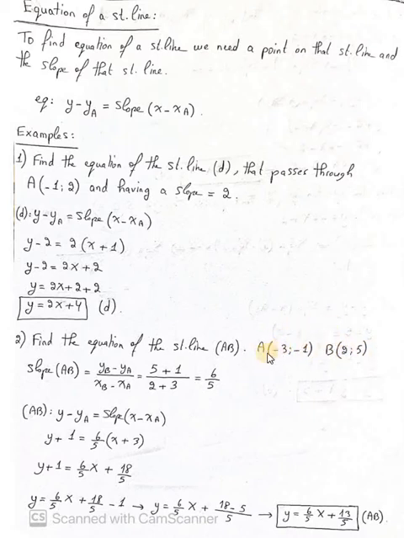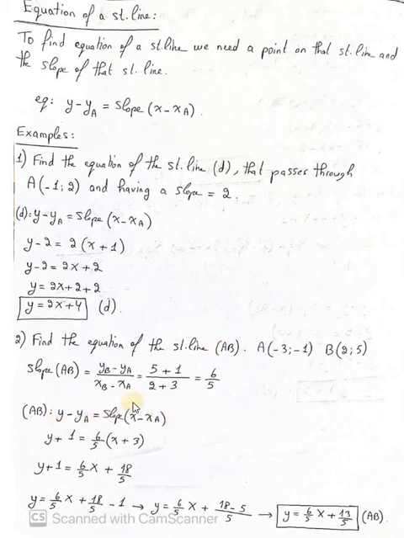We can take either A or B, but we don't have its slope. So we know the rule how to find the slope if we have 2 points on that straight line. Slope of AB equals YB minus YA over XB minus XA. So the slope of AB is 6 over 5. Now we can find the equation of AB.